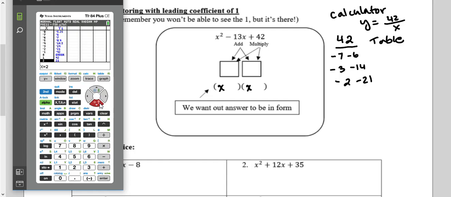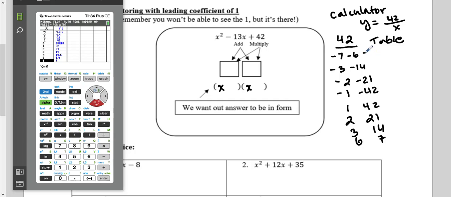I guess I should write it: +1, +42, 2, 21, 3, 14, and 6 and 7. Okay, so I think I got all of them.